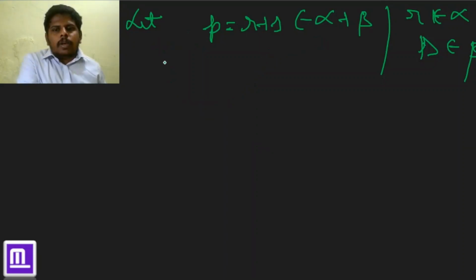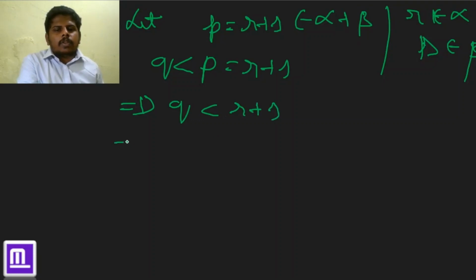So now let us take q, a rational number which is less than p. All right, p is r plus s, so we get q less than r plus s. So this gives us q minus s less than r. Fine.